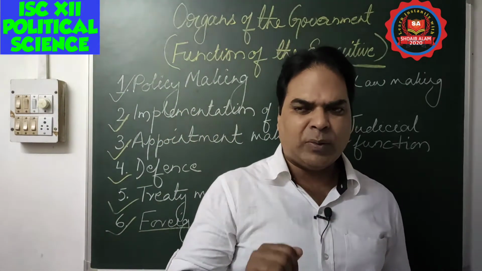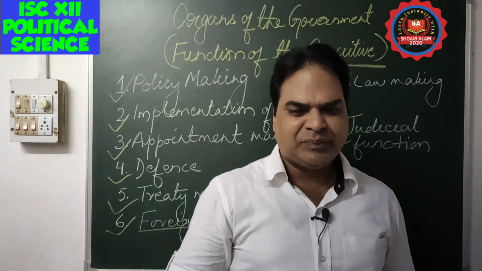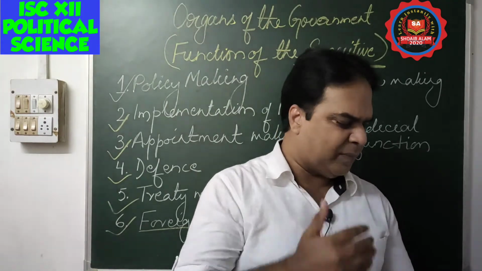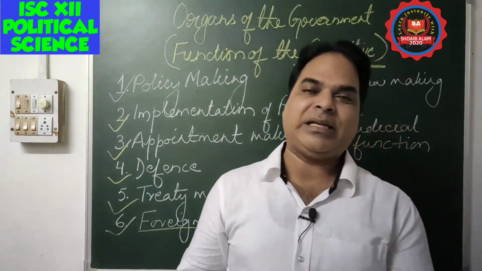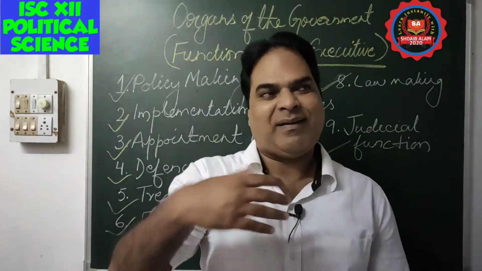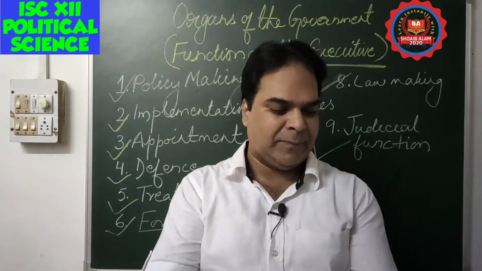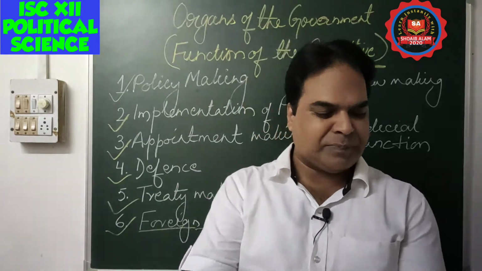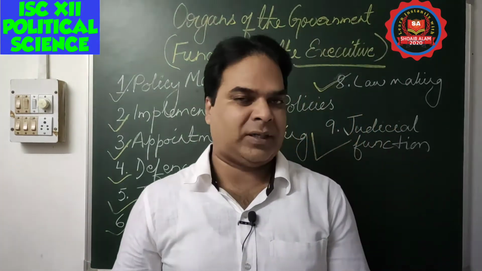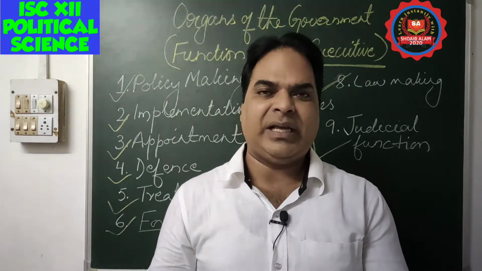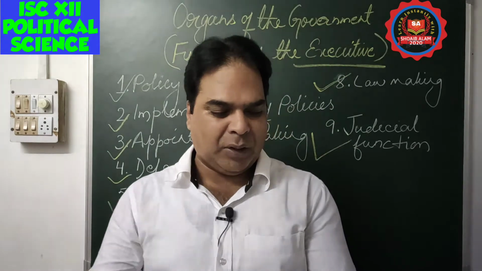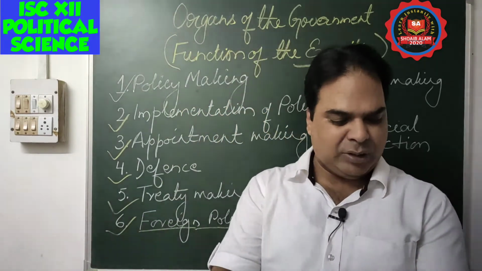Now one more thing we have to do. It's not mentioned, but still I would like to discuss it: grant of titles and honors. Persons who do commendable work in their respective spheres of activity are granted titles by the executives.